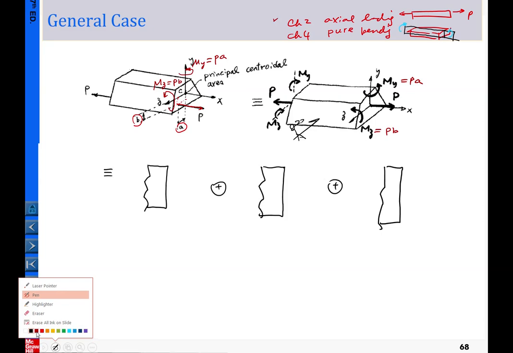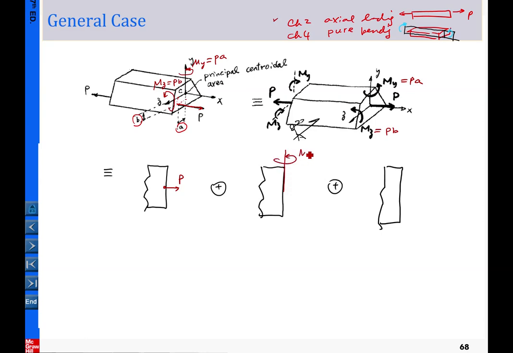The first case is due to the axial loading passing through the centroid of the cross section. The second one is the bending about the y-axis, My equal to PA.